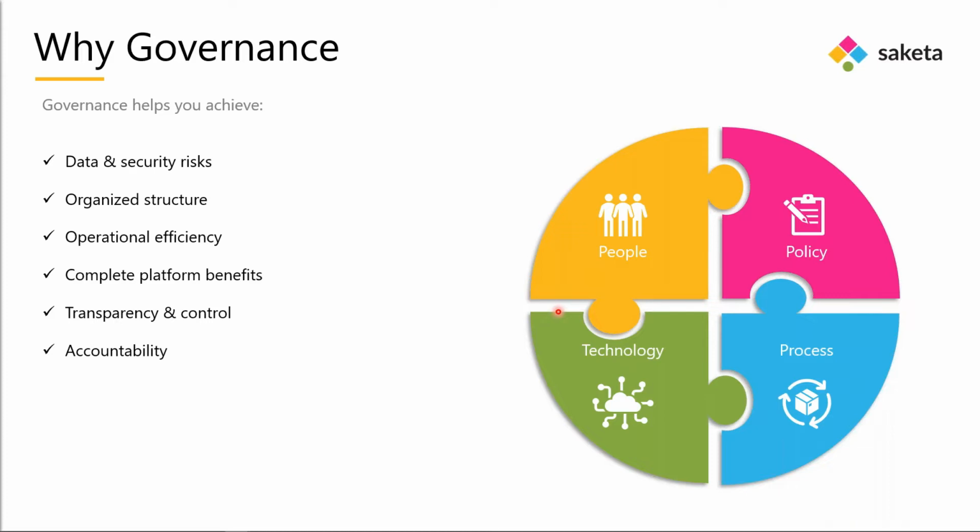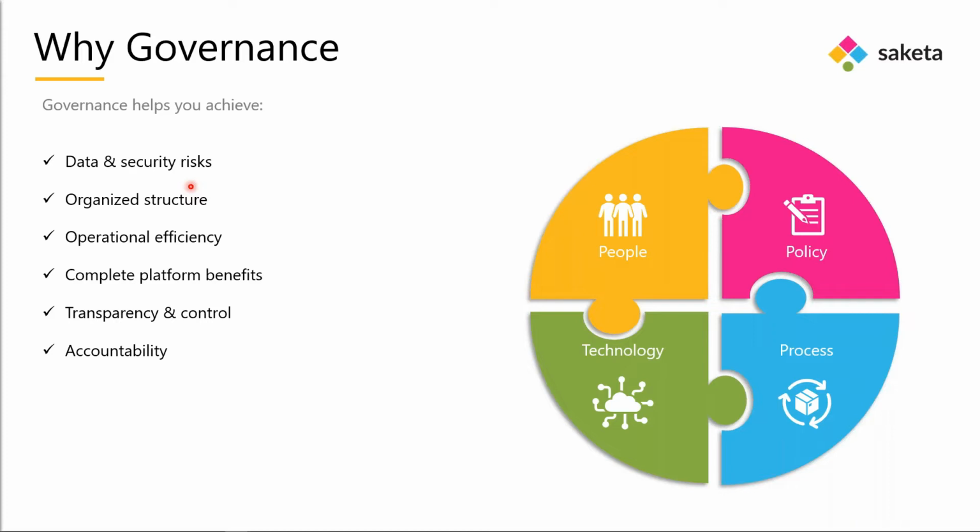Now we know the challenges and how governance will help you to overcome them. Governance will help you minimize data and security risks by defining best practices related to access level, permissions, sensitive data, and external users. So users follow these practices through audit, and it helps you to prevent security breaches.